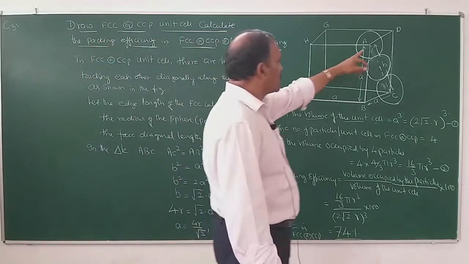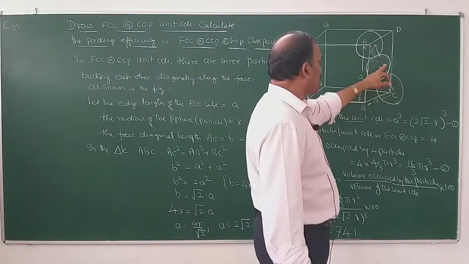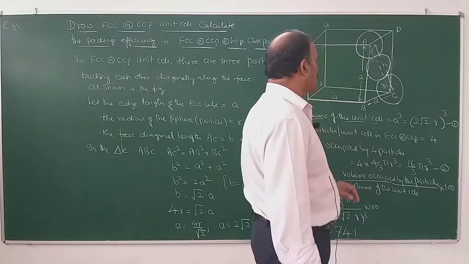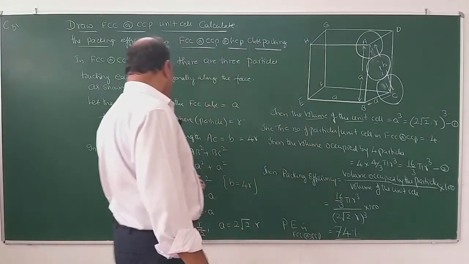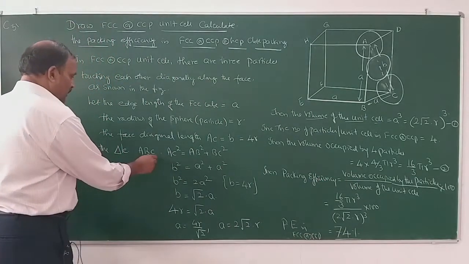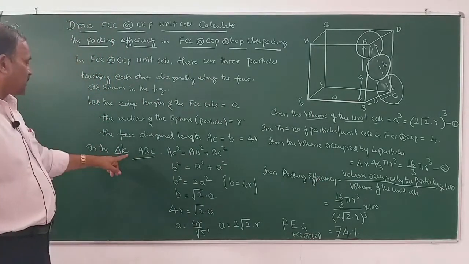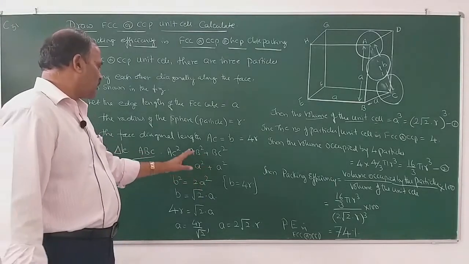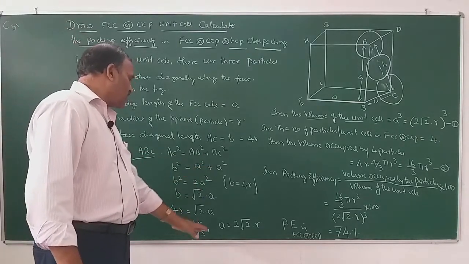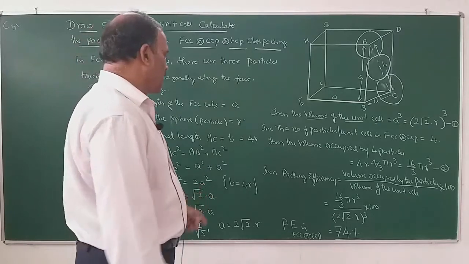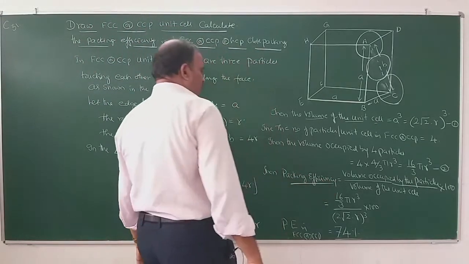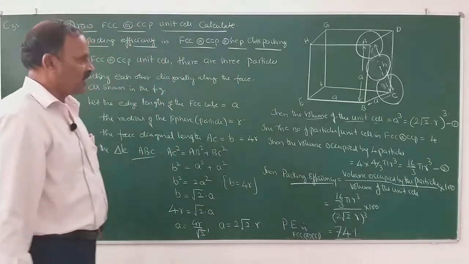In this distance B, 4 radii of the particles are there, therefore B is equal to 4r. On considering the triangle ABC, AC square equals AB square plus BC square, and on substituting and simplifying, you will get the packing efficiency for FCC or CCP.